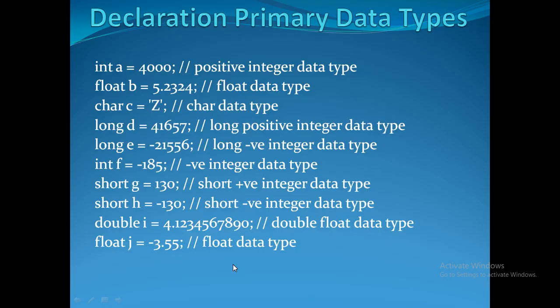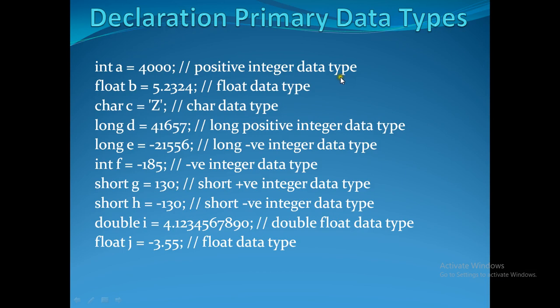And these are the sample declaration methods or syntax. For integer declaration, we write like this: int a = 4000. Last class we discussed the rules and regulations of identifiers, so you also have to maintain those while declaring a variable here. Int a = 4000 is a positive integer.